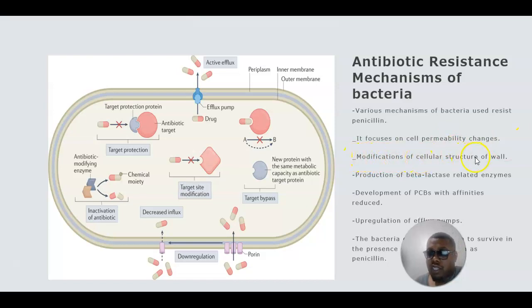So the modifications of the cellular wall structure will change, and then the production of beta-lactamase related enzymes will be created because the bacteria resisted penicillin so much, it was able to take part of some of the enzymes and protect itself. So it evolved over time to survive in the presence of antibiotics such as penicillin.